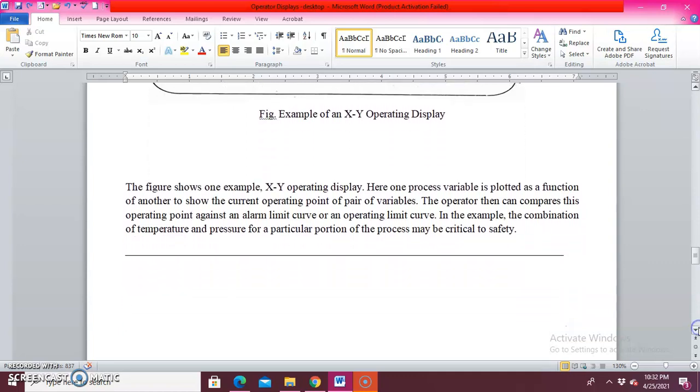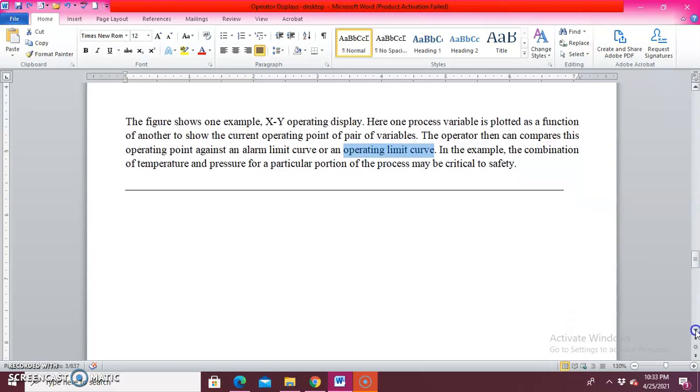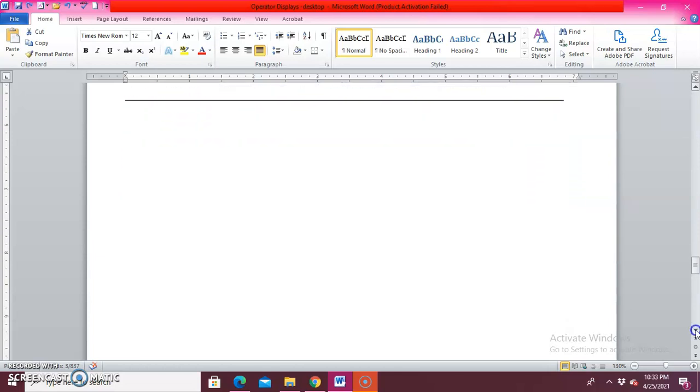Here the process variable is plotted as a function of another variable. The operator can compare each point with the alarm limit and the operating limit curve. That will indicate the combination of temperature and pressure for a particular portion of the process. Based on these values, the operator console will give you the information.